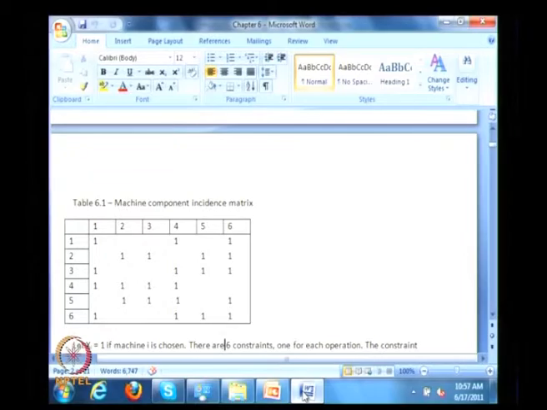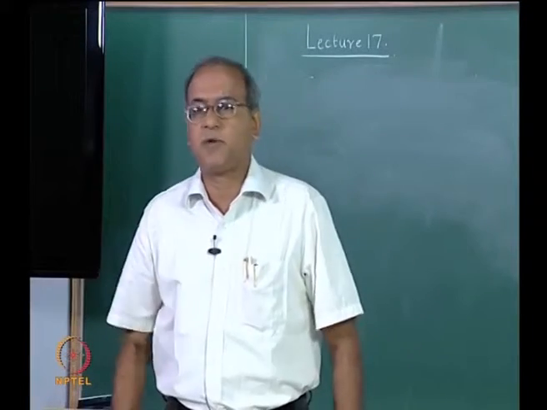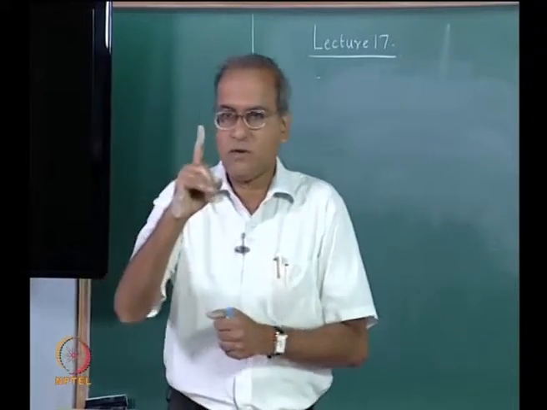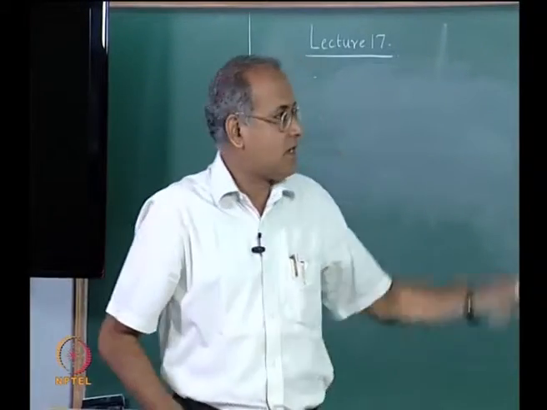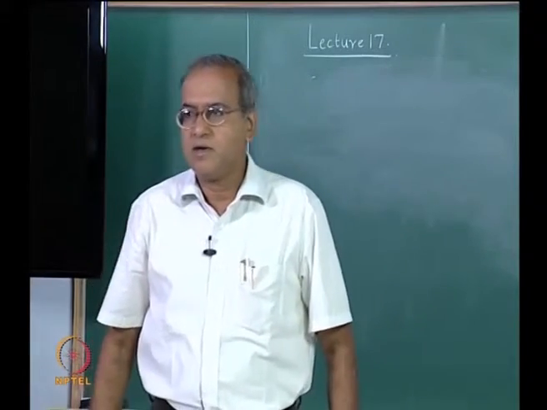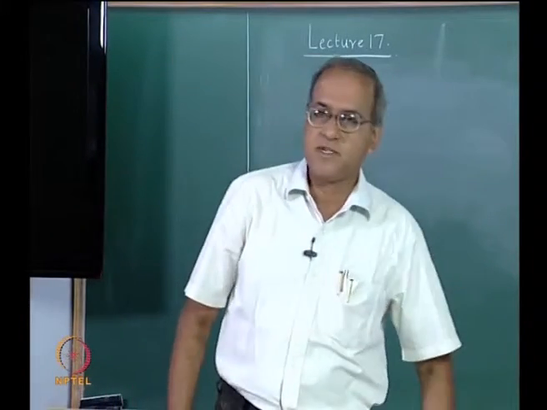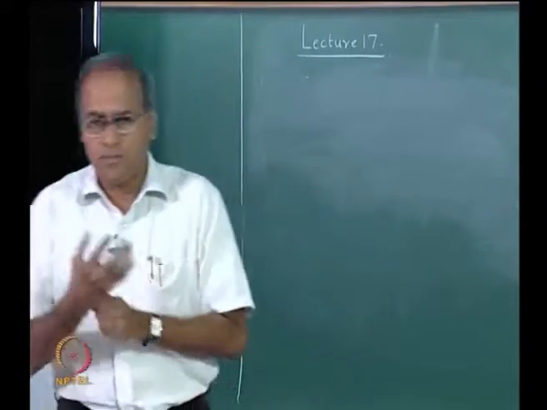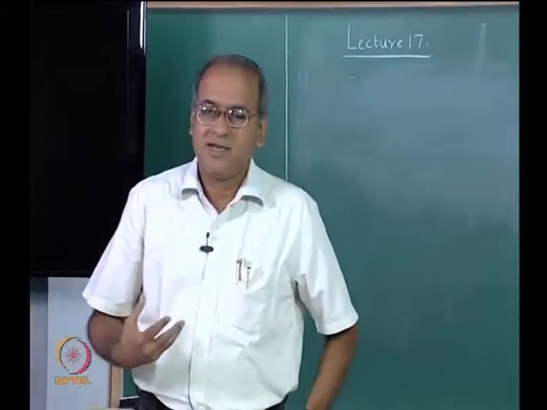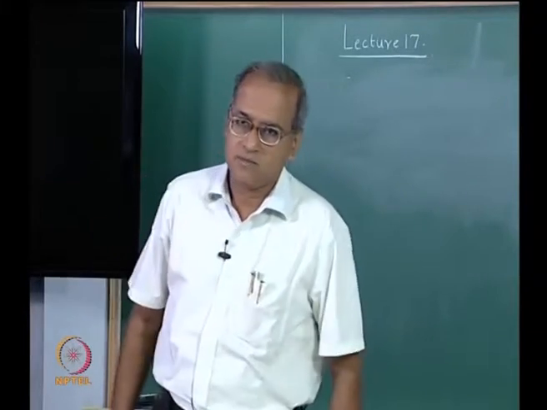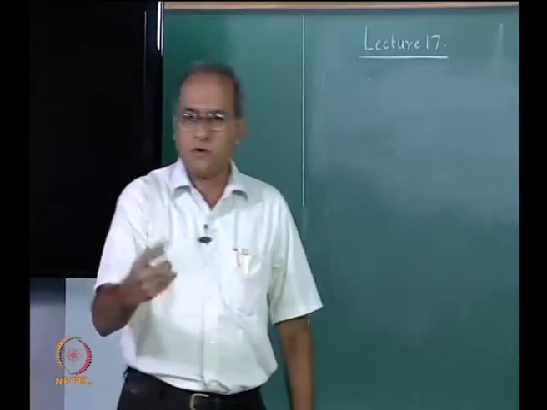The columns now represent operations on the product, and this cell is going to make that one product. Now we can use the word product and part interchangeably. So these 6 columns represent 6 operations that have to be carried out to make a part or a product, and this cell is going to make only that part or product. There is enough volume to do that.